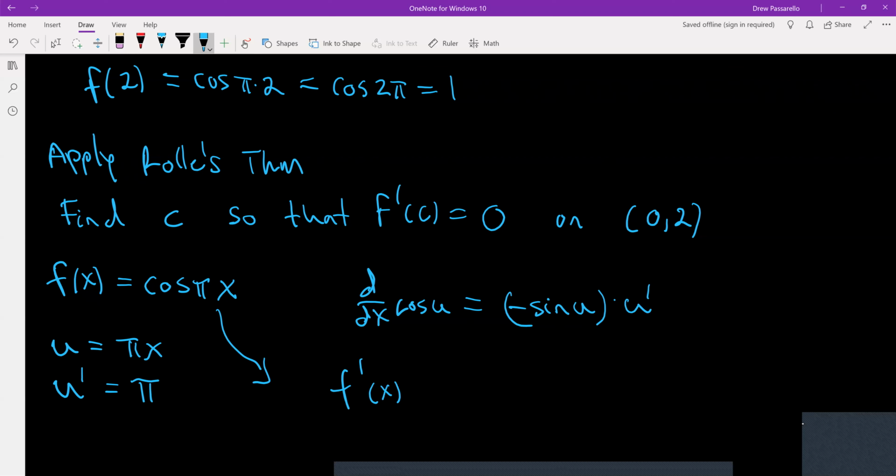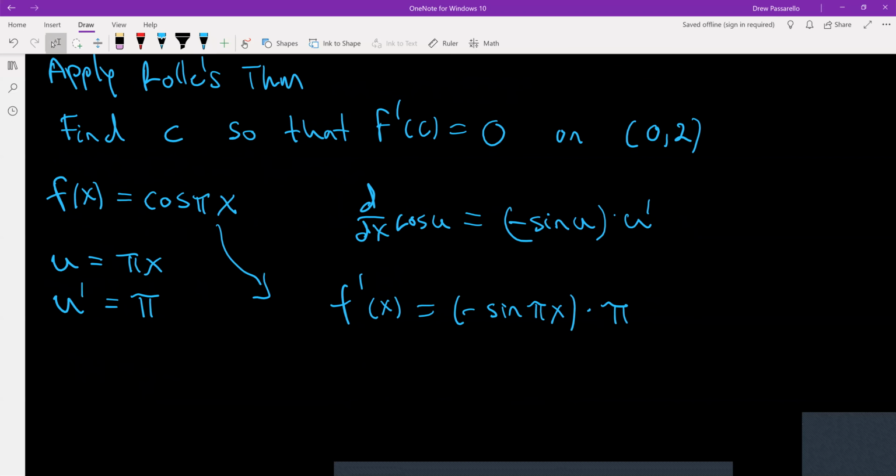So f prime of x is going to be equal to negative sine of pi x, since that's the outside function derivative, times u prime, well, that's pi. All right, so the derivative is negative pi sine of pi x.